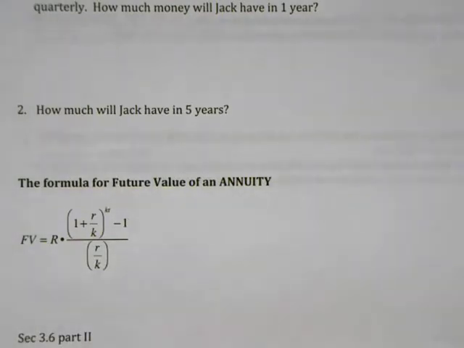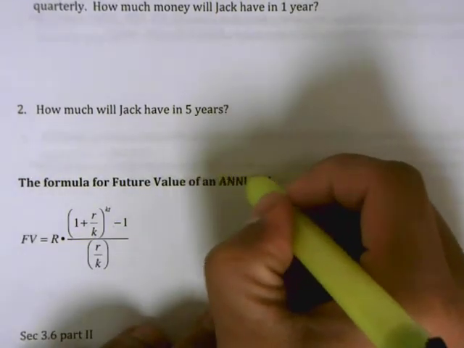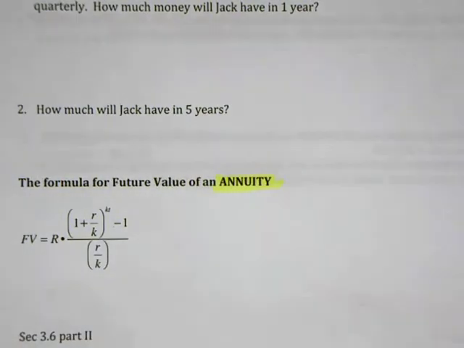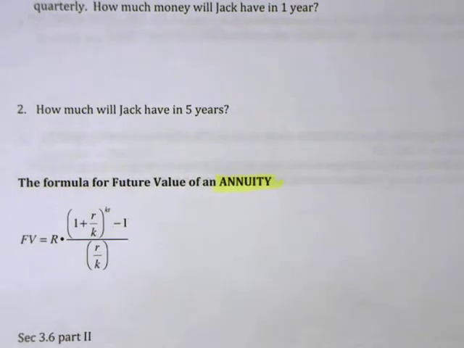Before we get into the equation, I just want to highlight one very important thing: this is only for an annuity. This is the future value of an annuity, and this equation only works if we are talking about an annuity. Every year I get students who apply this equation to other problems where it's not an annuity, and it's somewhat tragic.